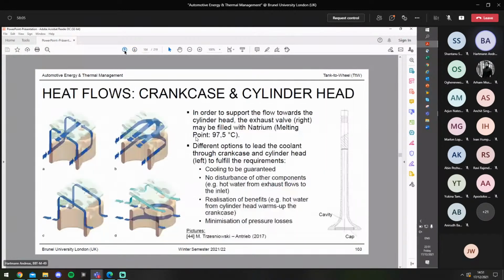Okay. What is also very, very important is to guide the coolant in the right way through the crankcase and the cylinder head.